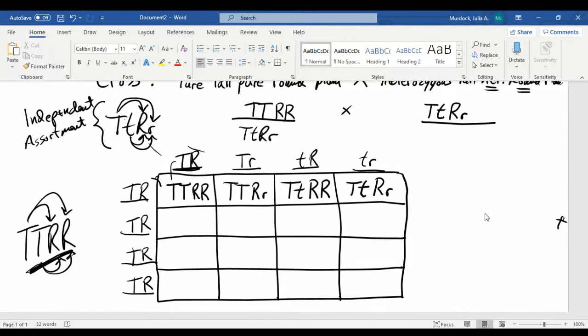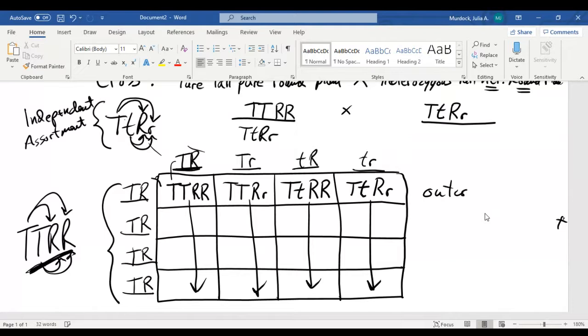And then if you're very clever, you could see that all of the rest of these are going to be exactly the same. And I could fill them all in, but they're the same. They're going to be the same because all of these going down are the same. So then when you're doing your outcomes, what percent are going to be tall and round?